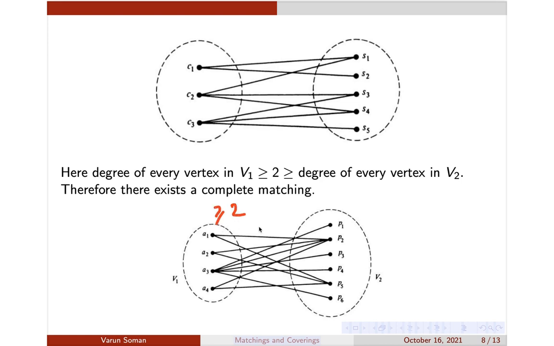In the second case the maximum degree is 1, 2, 3, 4, so here you have a maximum degree of 4. Therefore we can't say that degree of V1 is greater or equal to some m greater or equal to degree of V2, because V2 has a vertex of higher degree there. So in this case there was no complete matching because it violated that result. I hope the matching part is clear to you.